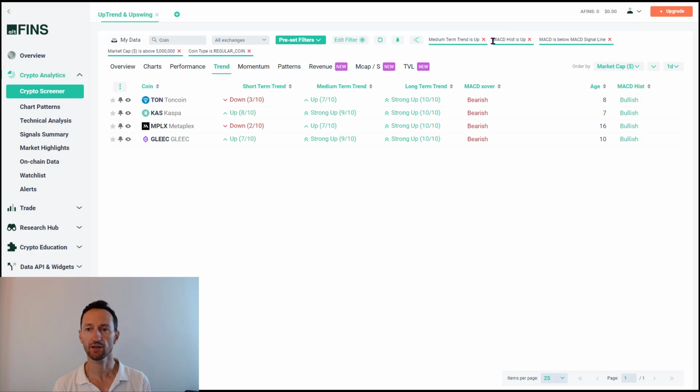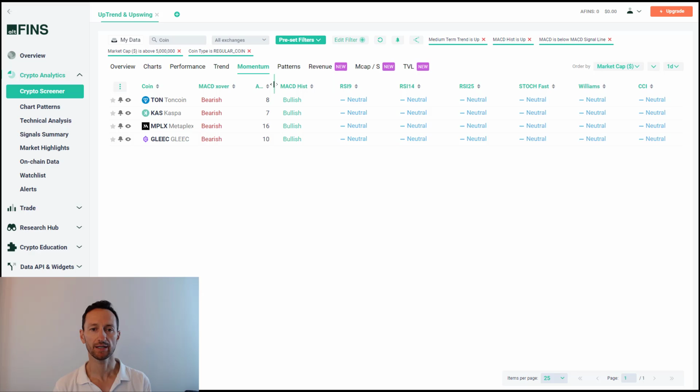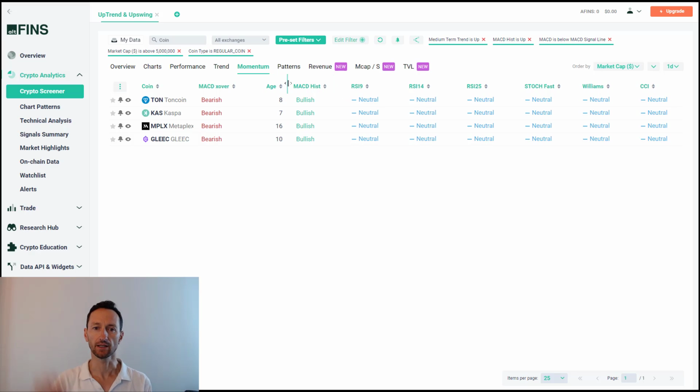The second criteria basically says, I want the MACD histogram to be in an upswing. And I'll explain what that means. But under the momentum tab here, as you can see, we have the MACD crossover, which is still bearish, but it's inflecting, right? And therefore the MACD histogram is bullish.